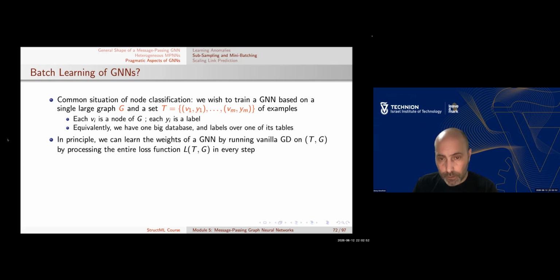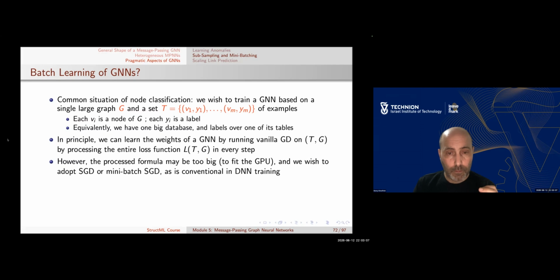Now in principle, we can learn the weights by applying gradient descent or the Adam optimizer on the full graph. No problem if the graph is small. But a graph may again be too big, so applying full batch computation on the full graph might be ineffective.